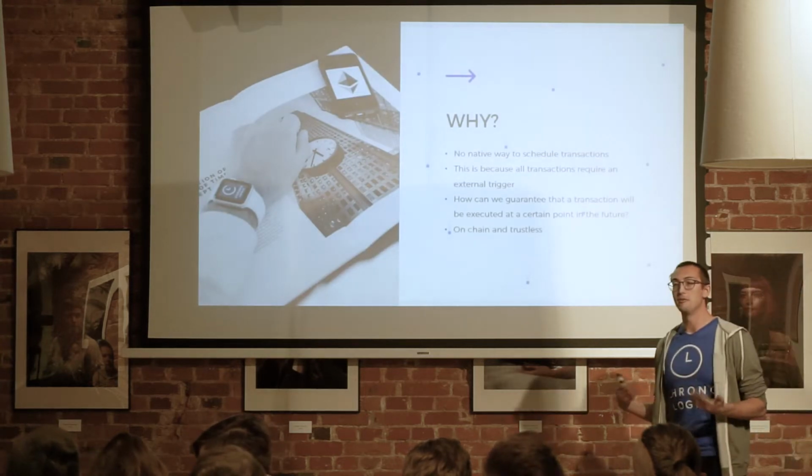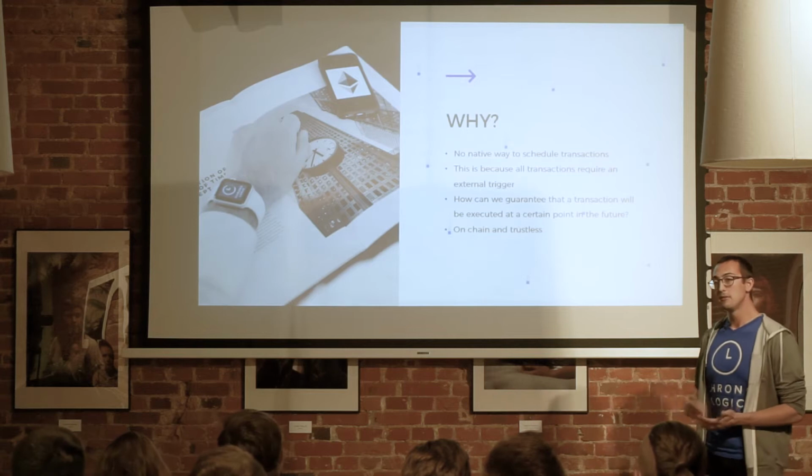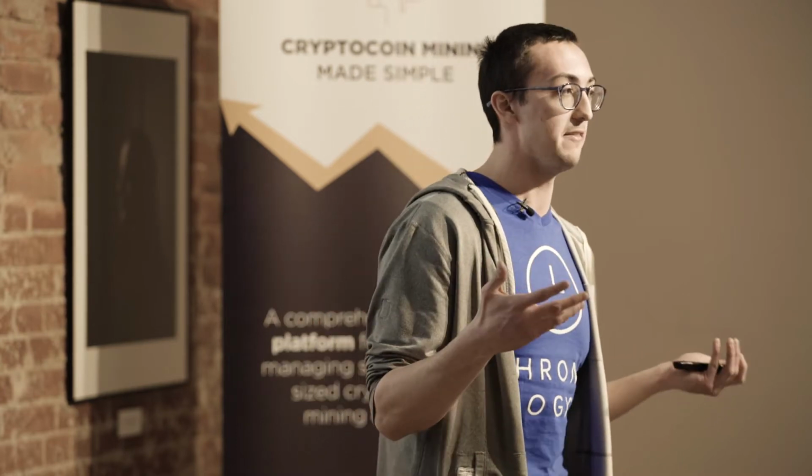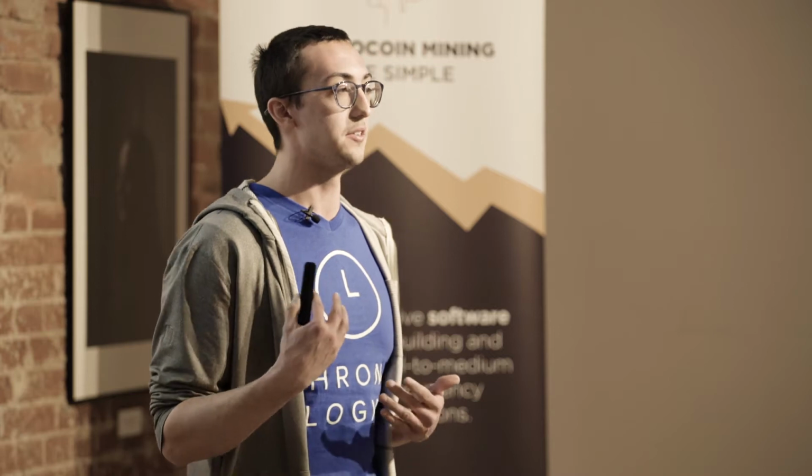So what's the problem that the Ethereum alarm clock is trying to solve? The problem is there's no native way to schedule a transaction and have that transaction executed at a later point. This is because all transactions are executed instantly.